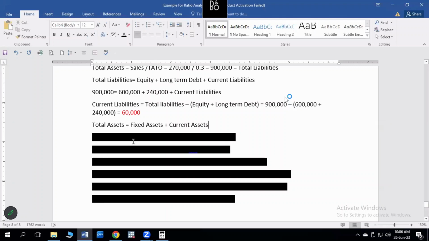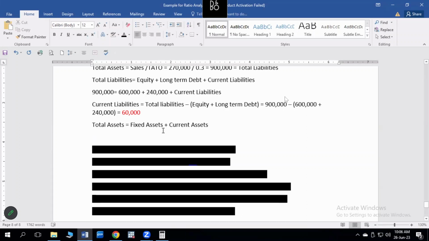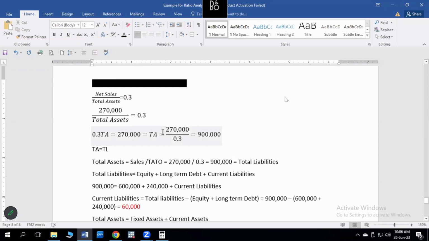So you have already known that the total assets 9 lakhs is there. Fixed asset not known, current asset not known. But you know the current liability.